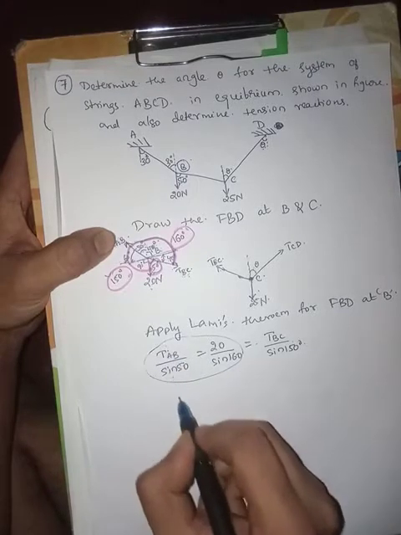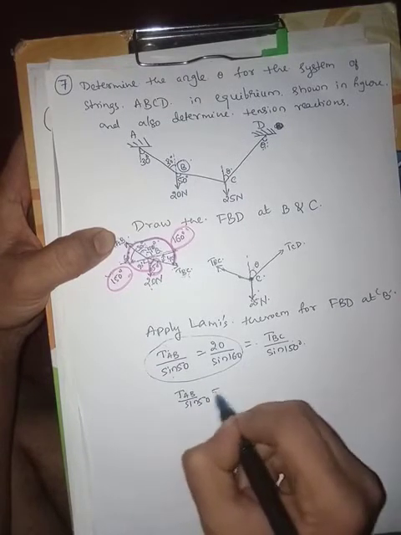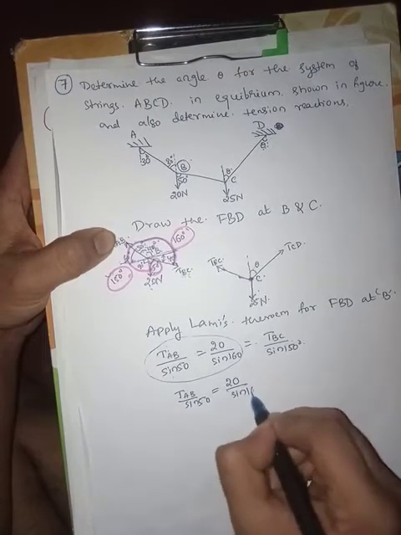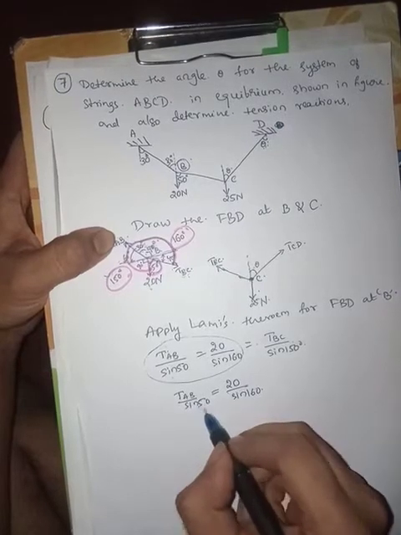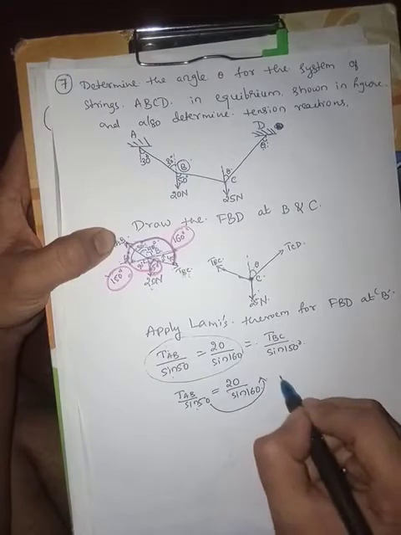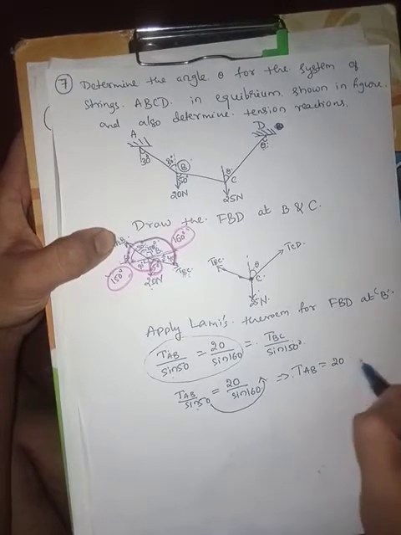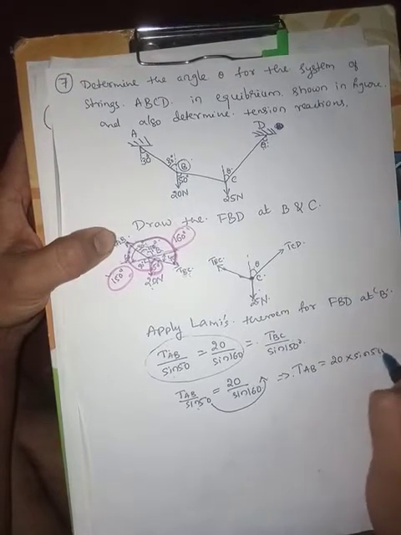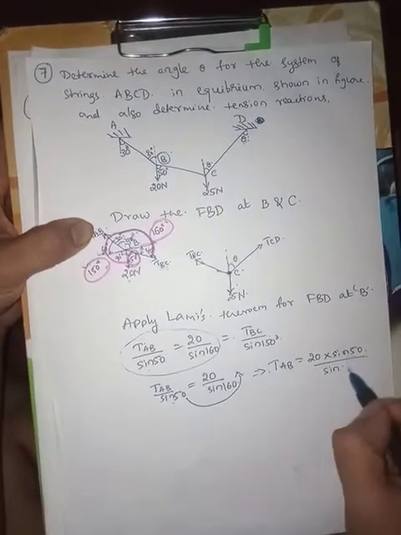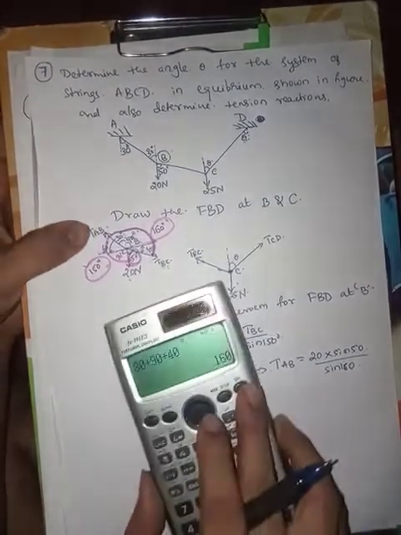TAB upon sine 50 is equal to 20 upon sine 160. I am shifting this sine 50 to the numerator, so here is the cross multiplication. So TAB is equal to 20 into sine 50 upon sine 160.